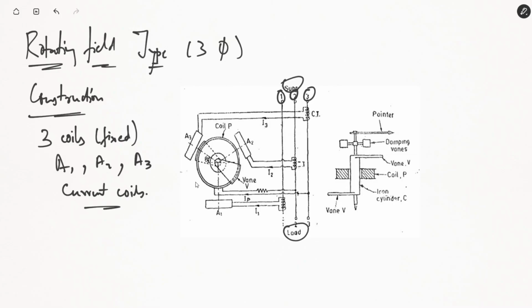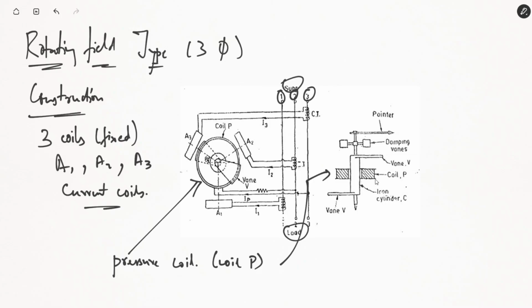And besides that, you have the pressure coil or the potential coil, whatever you want to call it. Coil P is the pressure coil here. This is the top view of this coil. Now this pressure coil is also fixed. It consists of a cylinder in between. Fine.